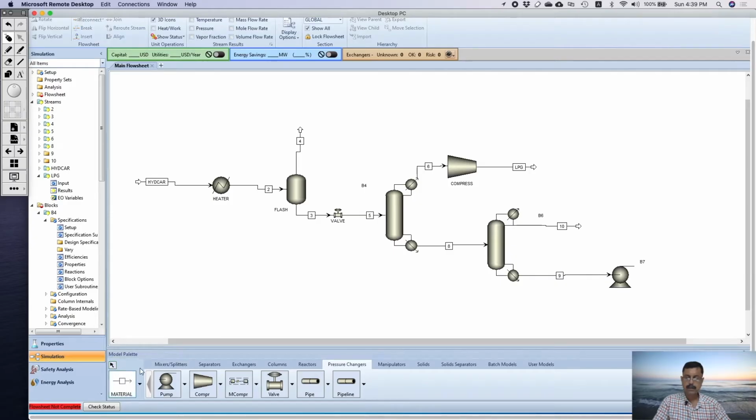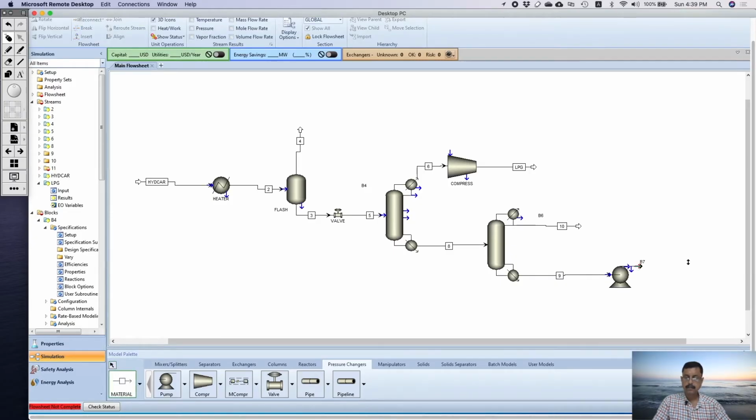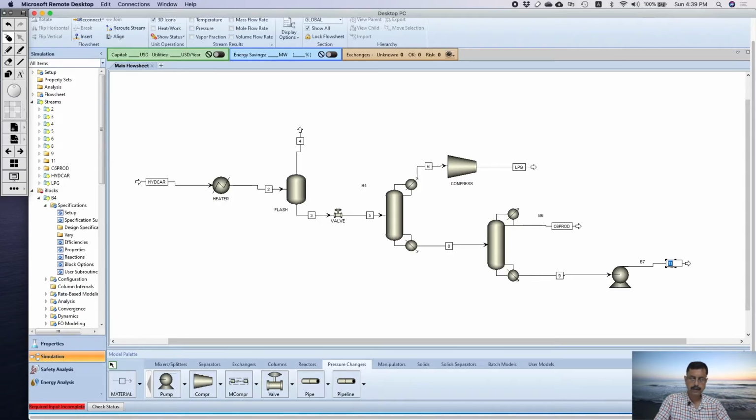Go to material once again, bring it outside. So this is our C7 product. So we rename them. We rename this with C6 product, and this one is C7 product. Okay. So this is C6 and this is C7.